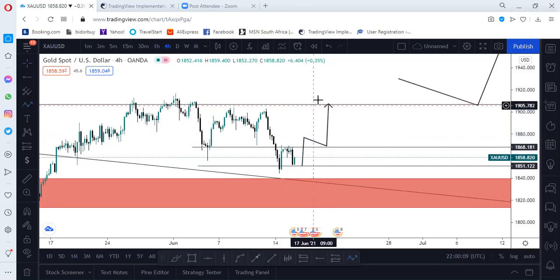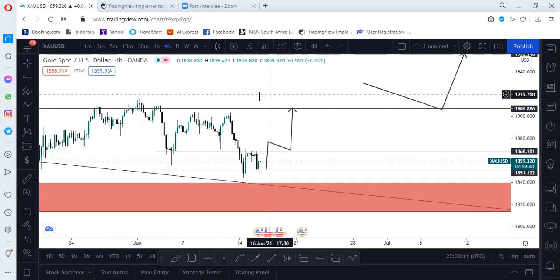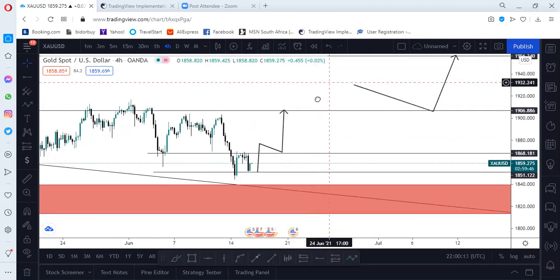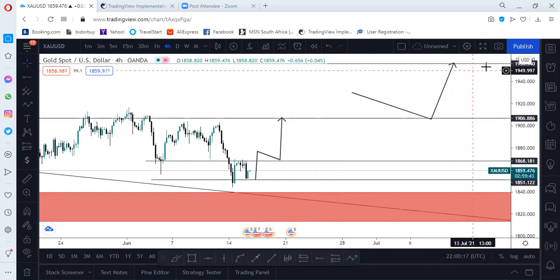If it happens that we break out of that target again, I continue waiting for a retest, then going long until I reach my target. However, if price changes direction, then I'll wait for the right moment to enter.